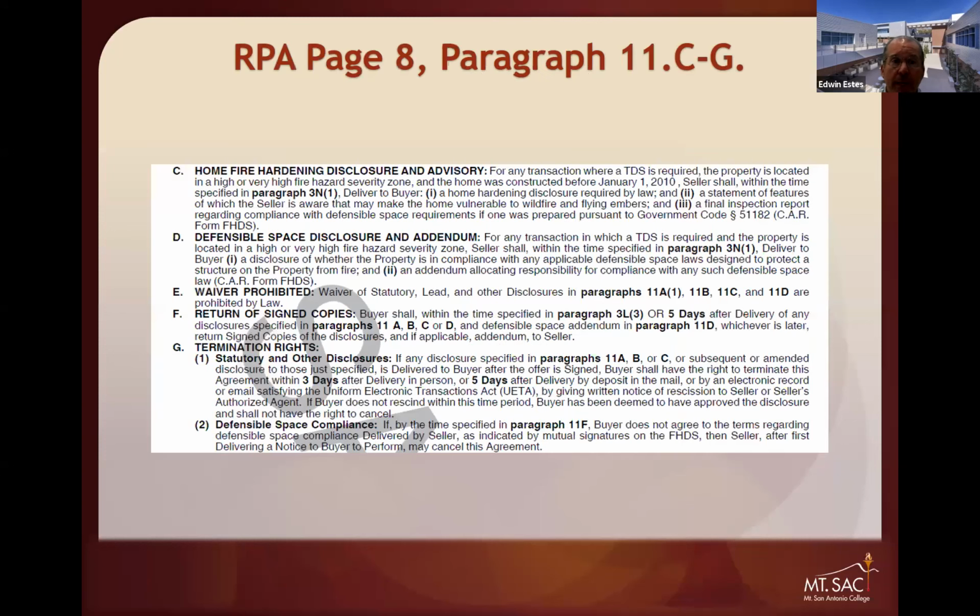Going into paragraph 8. So C, home fire hardening disclosure advisory. So this is a new form that's come out. If, and it's 3 items, okay? If the property was built prior to 2010, that's number 1. And if the seller has to give a transfer disclosure statement, that's number 2.